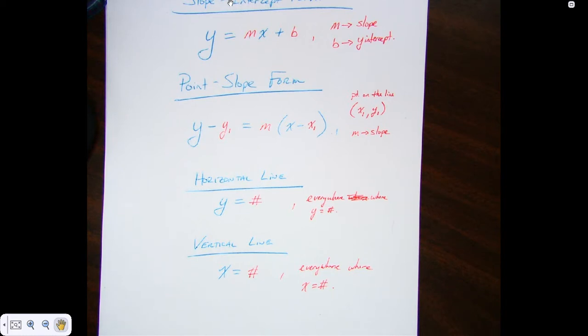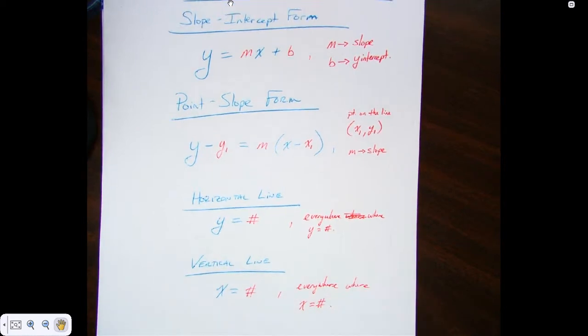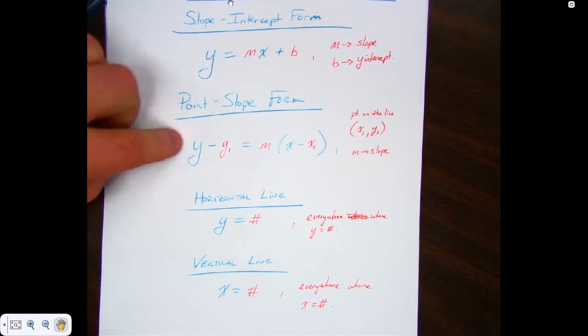Hence why I wrote them in the colors. That's basically what you have to do. When they ask you to write the equation of a line from some picture or something like that, you pick a form you're going to use, because any of them are right. Except, of course, if you don't have a horizontal line, you really can't use that one, can you? But you could use either one of the top two.